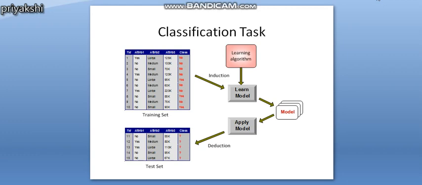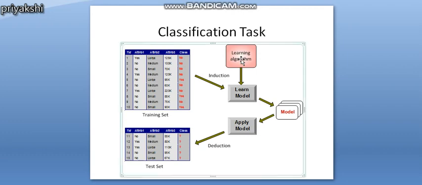So now we will discuss the general approach to solving a classification problem. Generally, a classification technique, also known as a classifier, is a systematic approach to building a classification model from the input data. Whatever classification technique you adopt, it always uses a learning algorithm, as you can see in the picture.